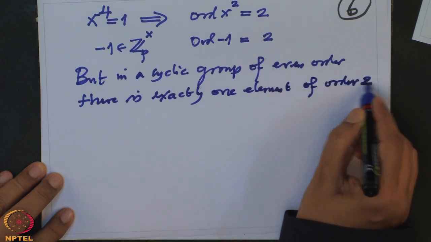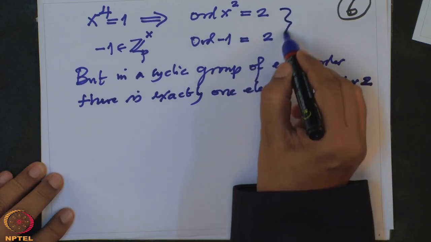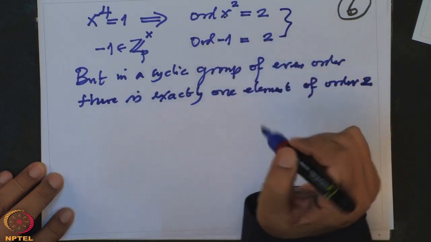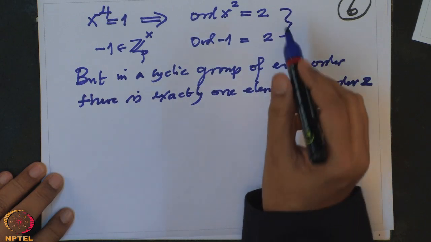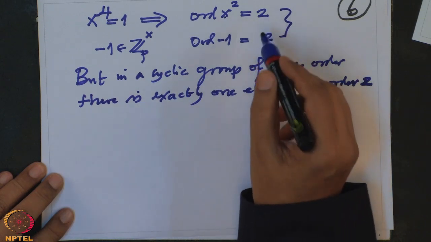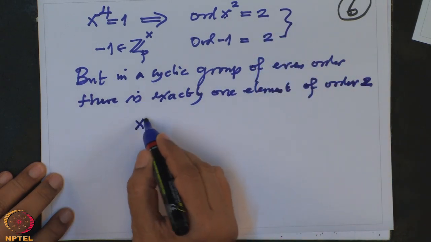But here we have likely two elements, x square is 1 and minus 1 is the other one, which are likely of order 2. So therefore x square has to be minus 1.